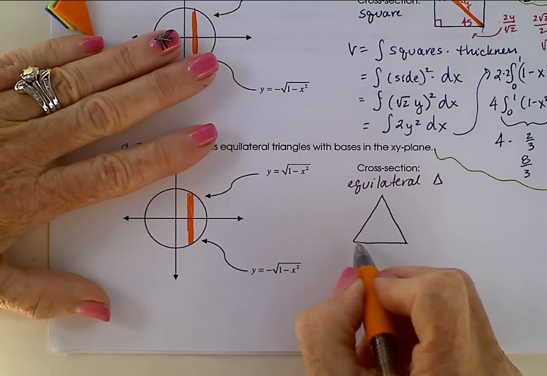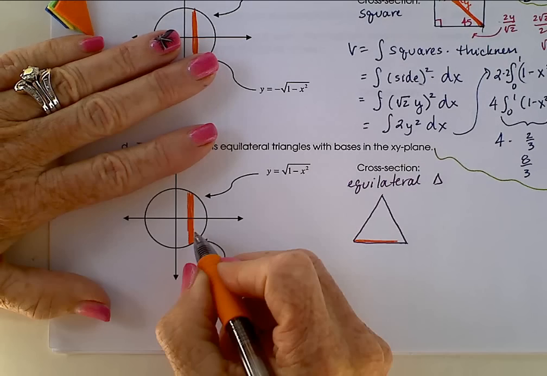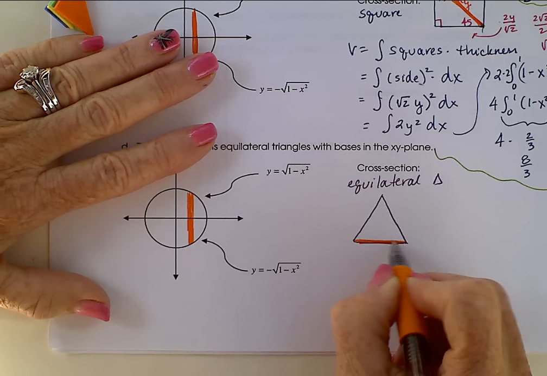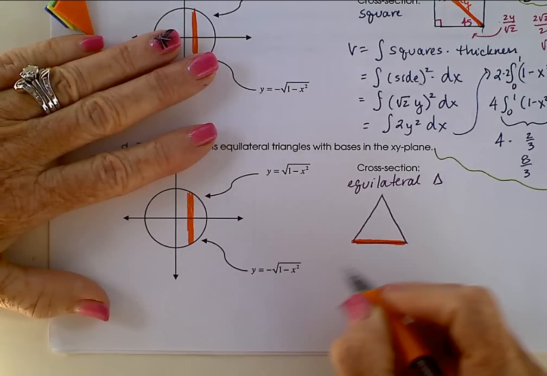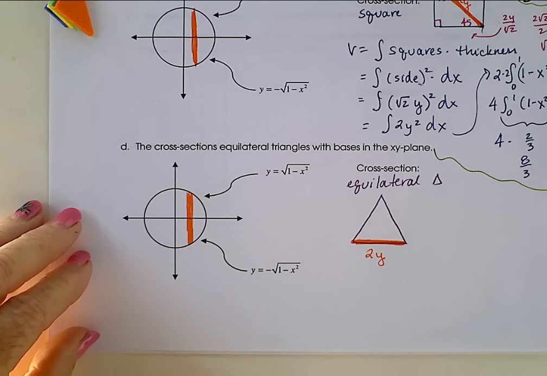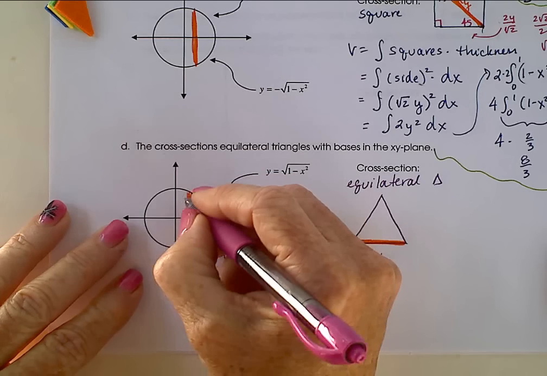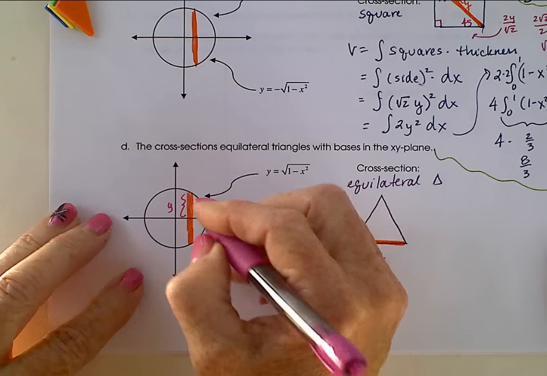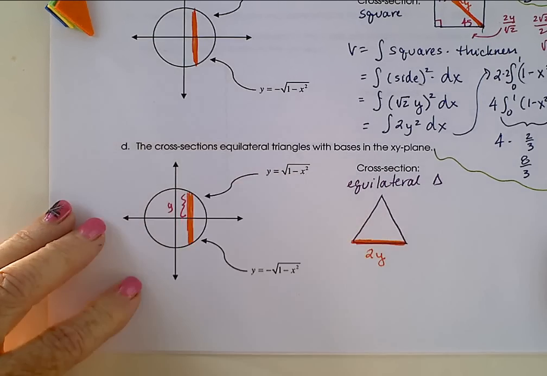Where the base is sitting right in here. That length is 2y. And all goes back to this distance is y, so all of that whole orange piece is 2y.